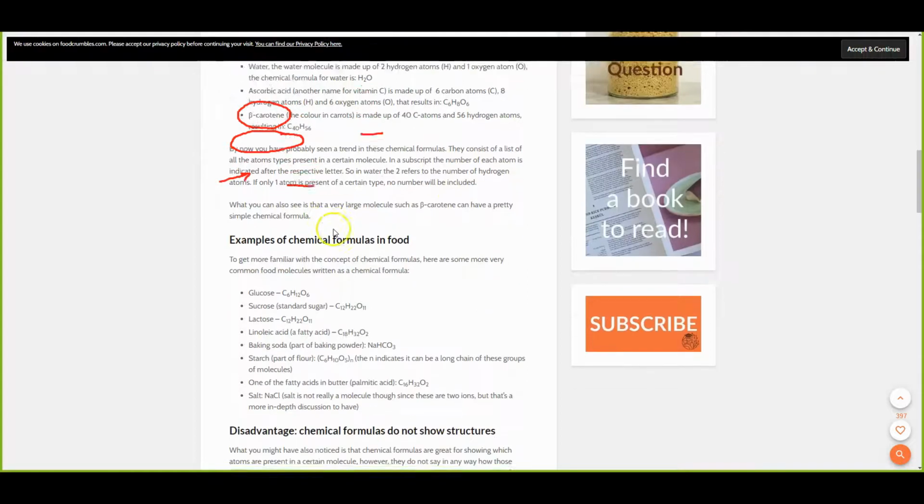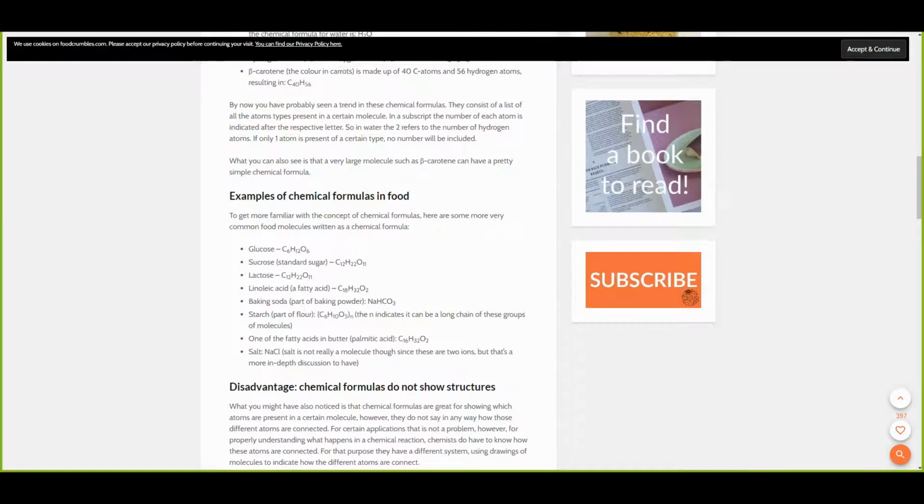Some other examples, if you keep on scrolling down, are glucose, which is a specific type of sugar. Sucrose, if you have just regular sugar in it from your kitchen, sucrose is C12H22O11. Lactose is found in milk. Linoleic acid, baking soda. A lot of these you can check: does my food have this? Does my food have linoleic acid?